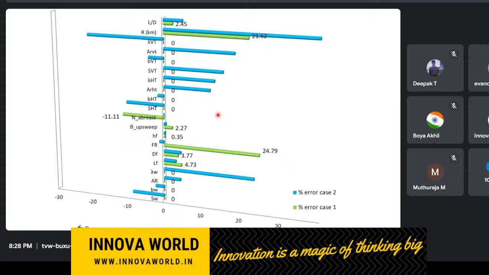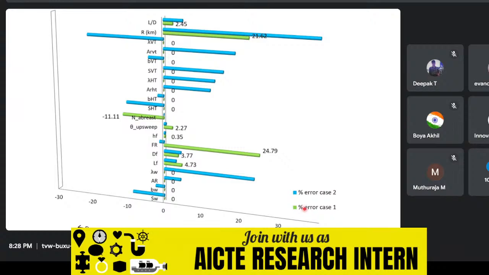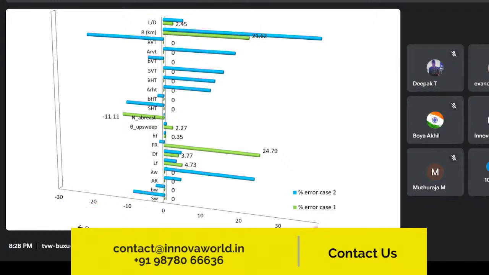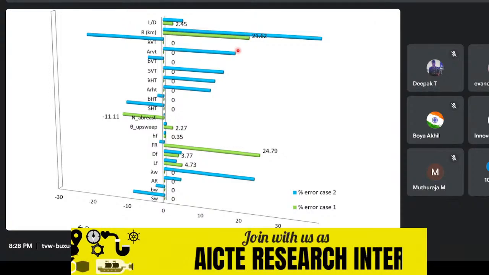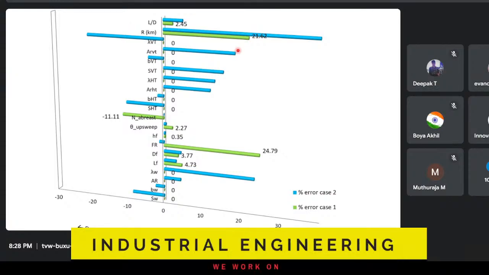This is another technique. You have worked on different cases, different percentages of error, and as you can see here, there are negative and positive values. This side is negative, this side is positive. How much percentage of error, whichever parameters are increasing or decreasing. Any good journal, any good paper is looking for this kind of statistical and graphical representation of your parameters.